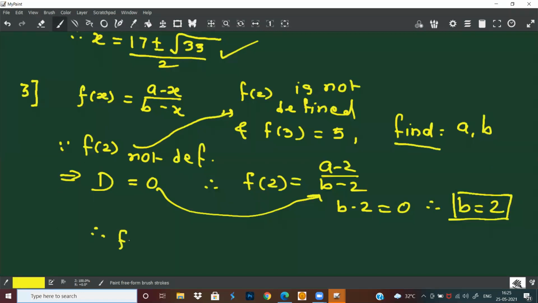So after I get b, I am going to write the value of b. b is 2.